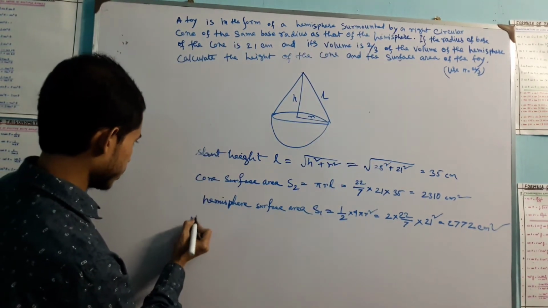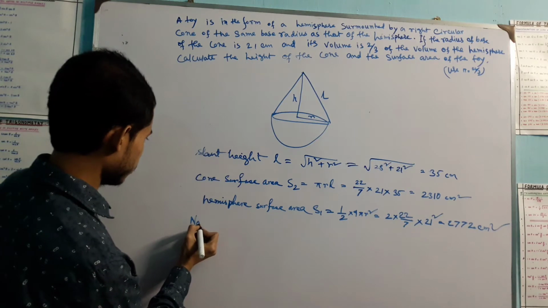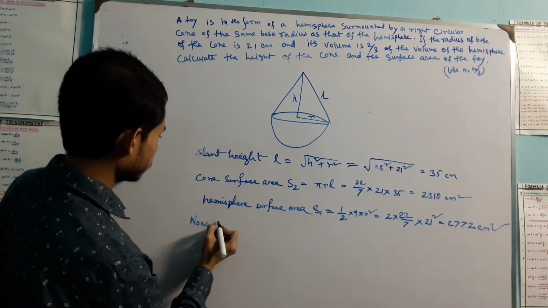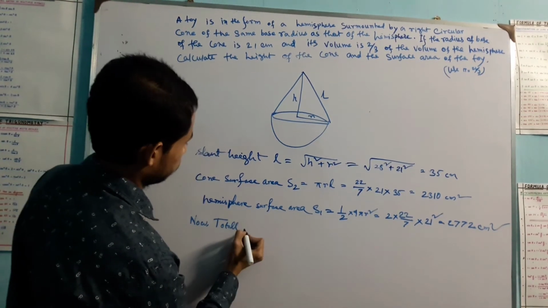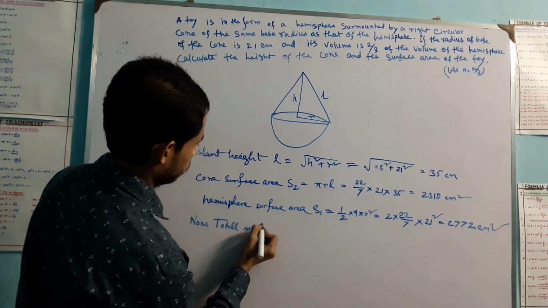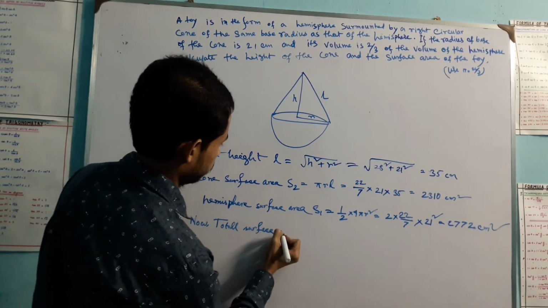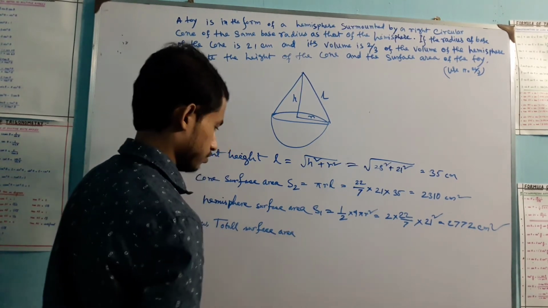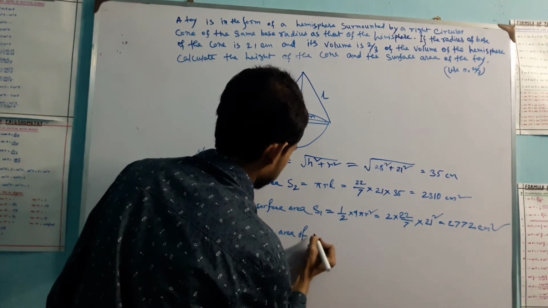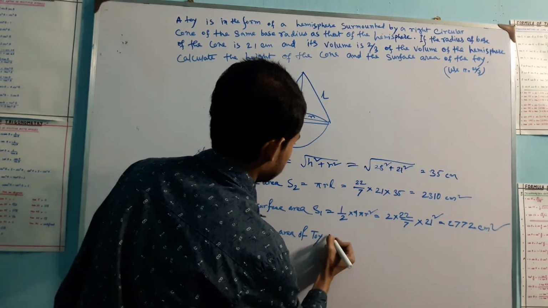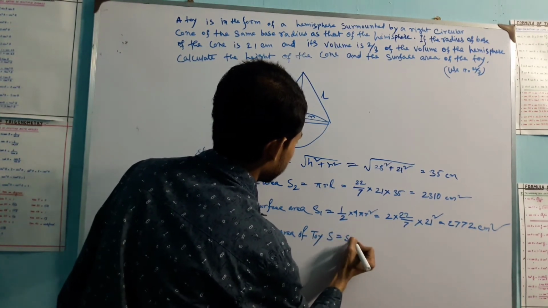Next, we are finding the total surface area of the toy. S equals S1 plus S2.